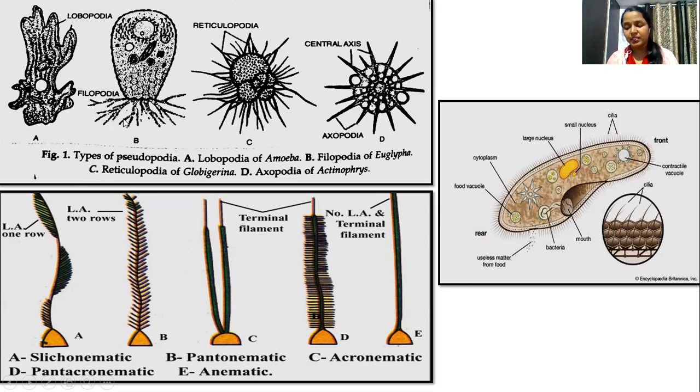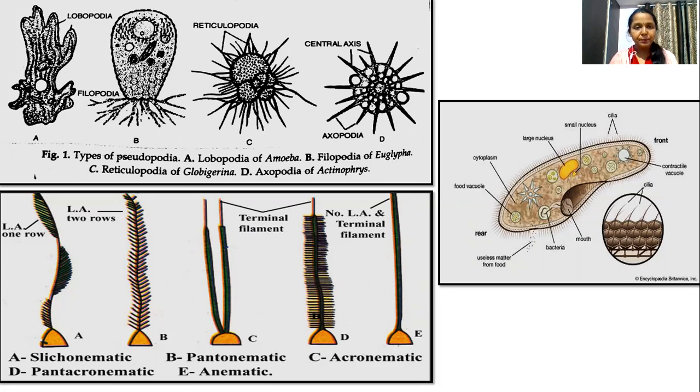And sometimes these are interconnected. These are made up of hyaline ectoplasm only. The hyaline ectoplasm alone is involved in making the filopodia. Examples are the radiolarians. Usually they produce these kinds of pseudopodia, that is the filopodia.